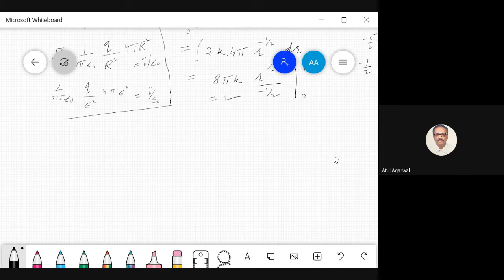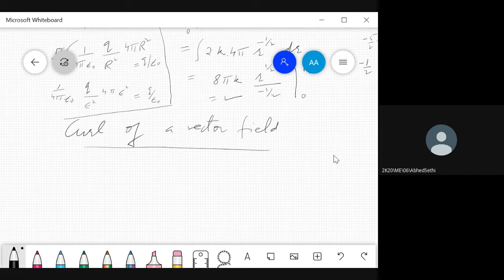You know what is the curl of a vector? It is the cross product of the derivative with the vector, defined as del cross vector. So what is the meaning of this?